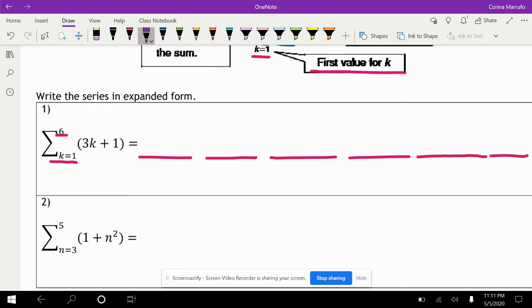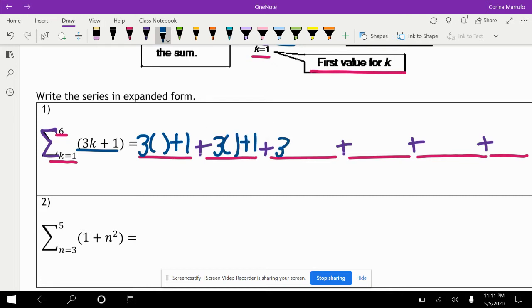Since this is a series, we are going to be adding these up, so plus, plus, plus, plus, and plus. Our function rule is 3k plus 1.